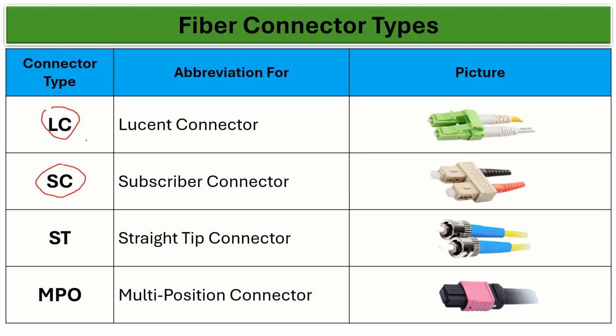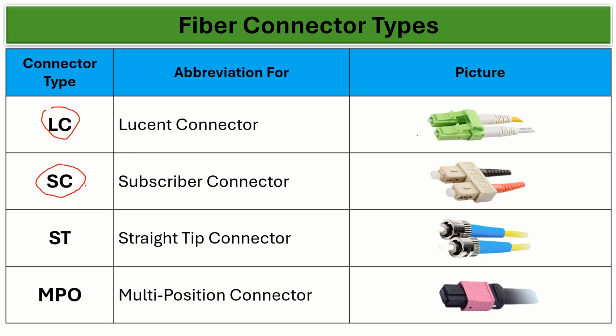The best part about the Lucent connector is that it is small in size, and its latch feature is wonderful. Because of that, it has replaced many of its predecessors like SC, ST, and MPO in many cases.